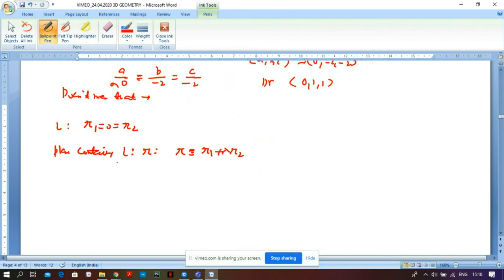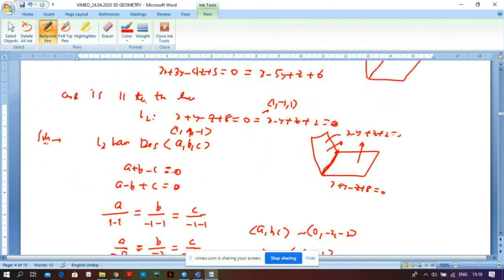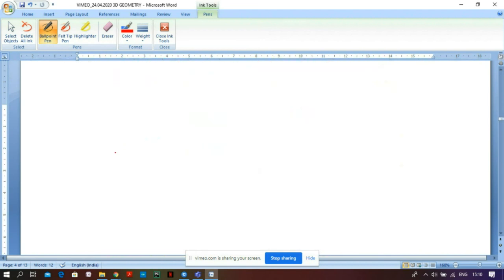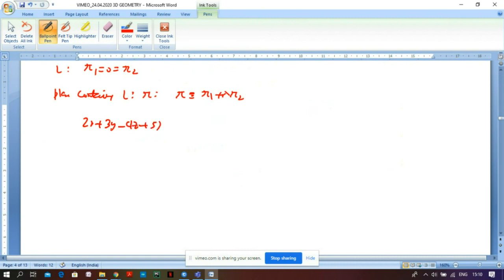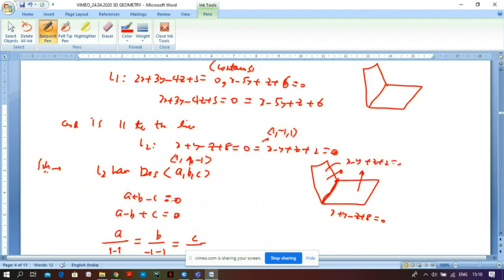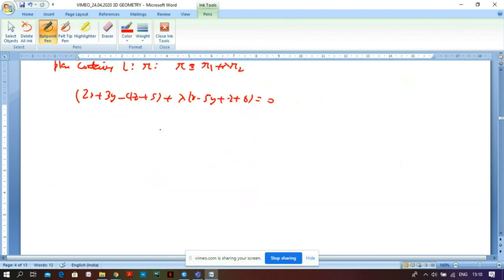Based on this, the plane containing L1, where L1 is 2x plus 3y minus 4z plus 5, plus lambda times x minus 5y plus z plus 6. We can check that they're the same lines. So this is the equation of the plane.